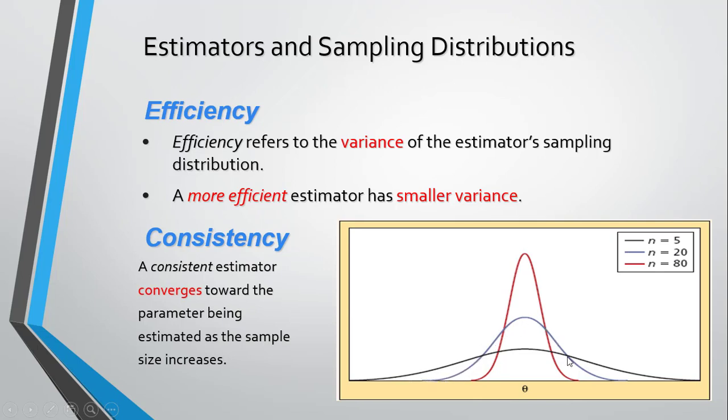When n is 80, this is the normal distribution. You can see as sample size increases, the variance gets smaller, so it's more efficient. A consistent estimator converges towards the parameter being estimated as sample size increases, as shown in this graph. So a larger sample size is preferred.